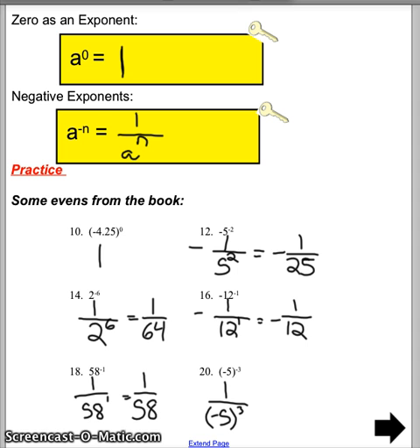Now we need to figure out negative 5 to the third power, okay? When you type that into your calculator, this time they even showed you parentheses, so make sure you are using parentheses when you put it into the calculator. So, negative 5 to the third power gives you negative 125.